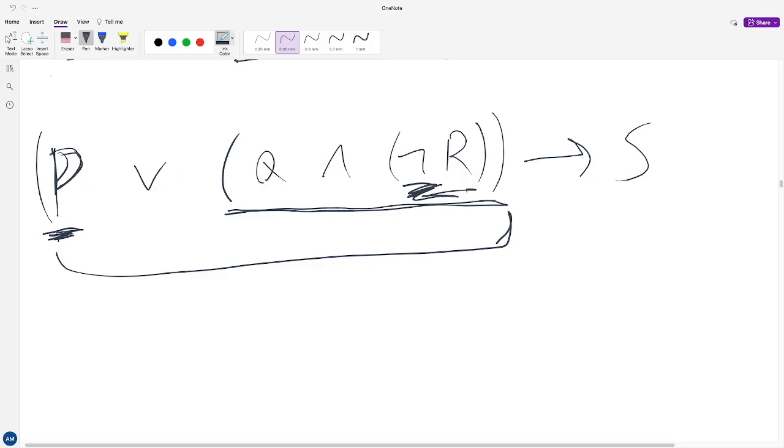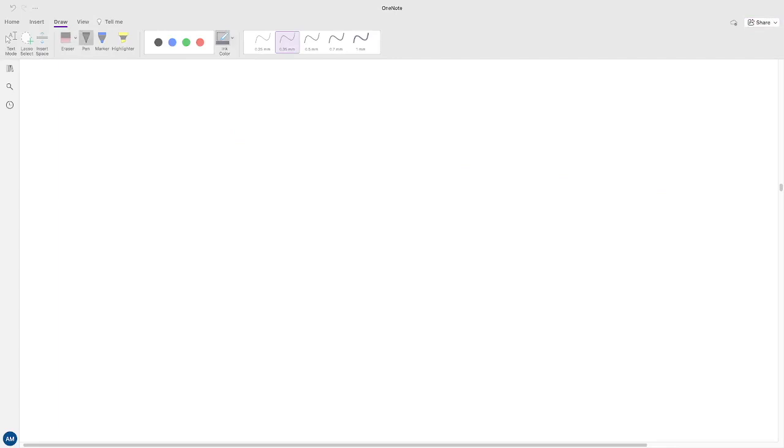So that's how we can combine these logical connectives to make more complex propositional statements.